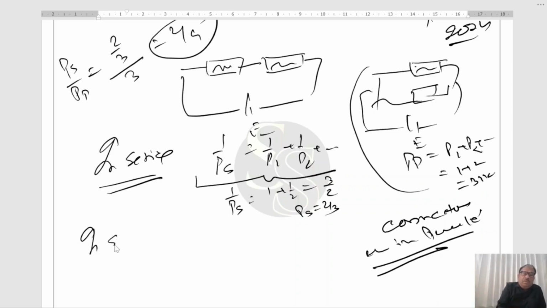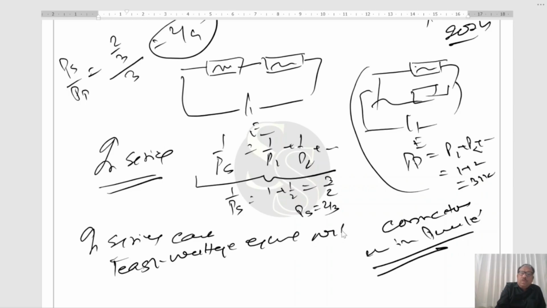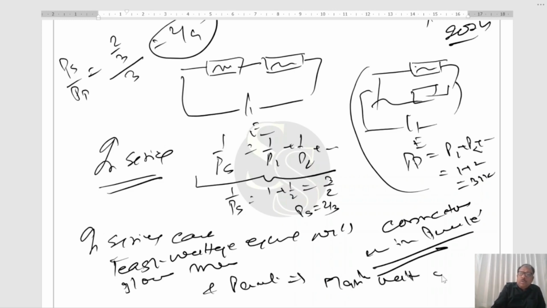In a series combination, the equipment with the least wattage will glow maximum, and in parallel, the equipment with maximum wattage will glow maximum, right?